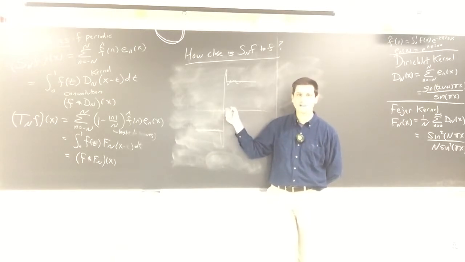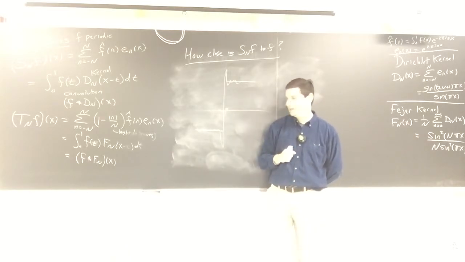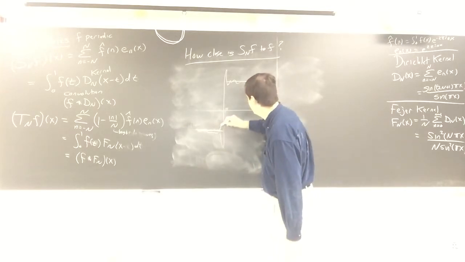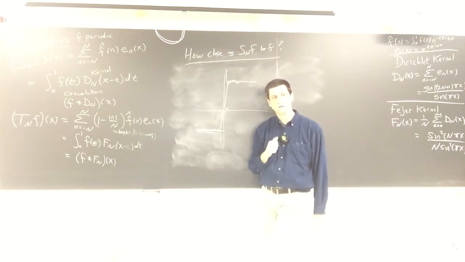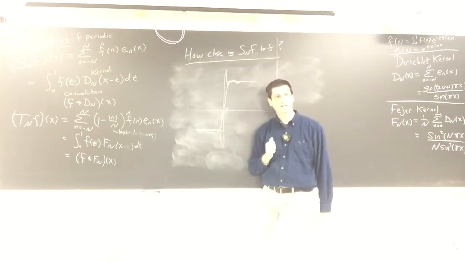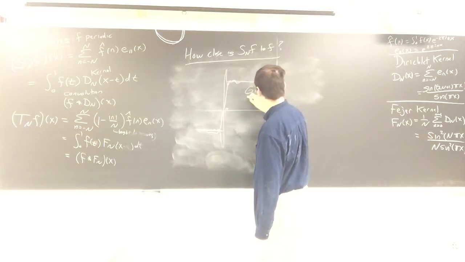However, what's happening at this one point? What's true about the function? It's discontinuous. So the function breaks down. It's not surprising that things break down. I would have much preferred if it kind of went nicely like that. But it actually overshoots in a fascinating way. So this is the Gibbs phenomenon.